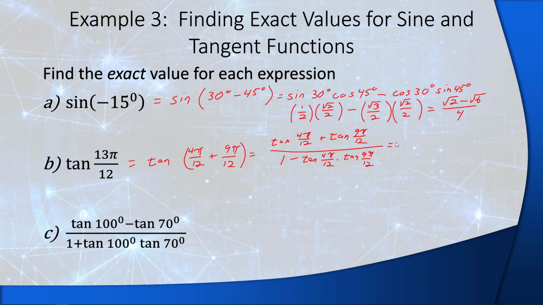Okay, well, tangent of 4 pi over 12, that is the tangent of pi over 3. The tangent of 9 pi over 12 is going to be the tangent of 3 pi over 4.